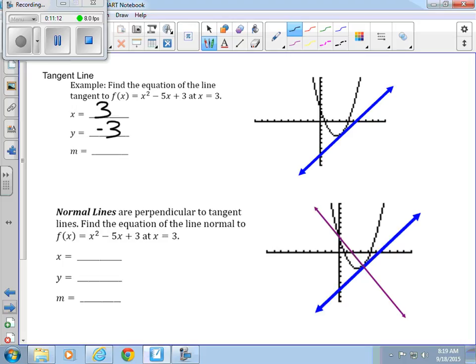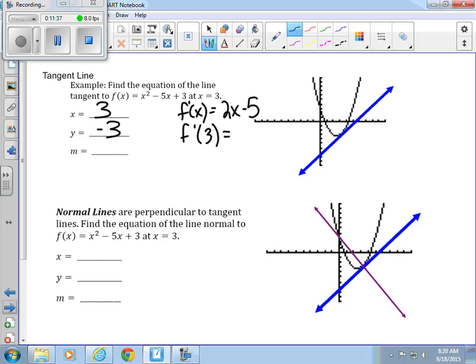And what about slope of a tangent line? What is the slope of a tangent line? It's a new definition to us. The derivative. So I need the derivative at 3. So first I'm going to find f prime of x, which is 2x minus 5. And then I'm going to find f prime at 3.